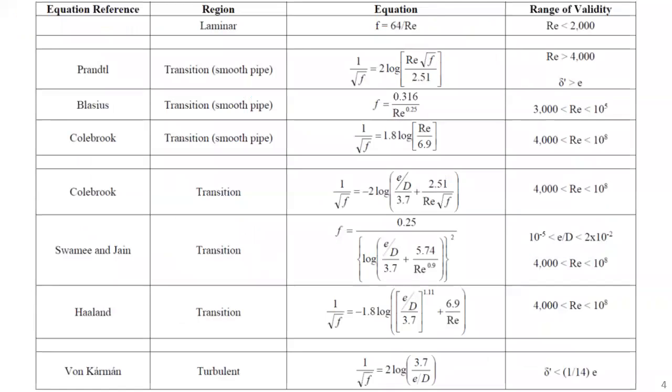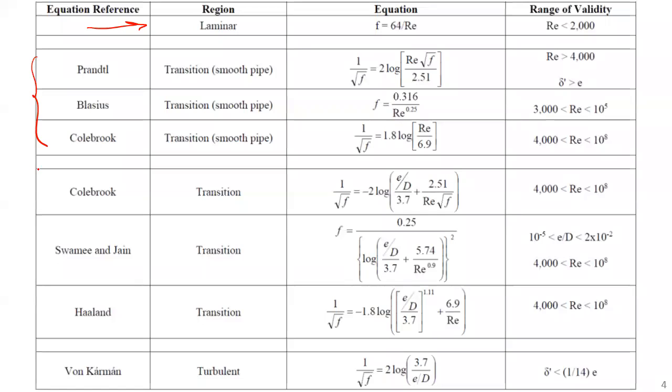So again, the next page of that handout that had the Moody diagram on it had all these different equations. And again, there's only one equation for the laminar zone. There are different equations for the smooth pipe, which is a very specific curve on the diagram. It's always a transitional boundary layer.